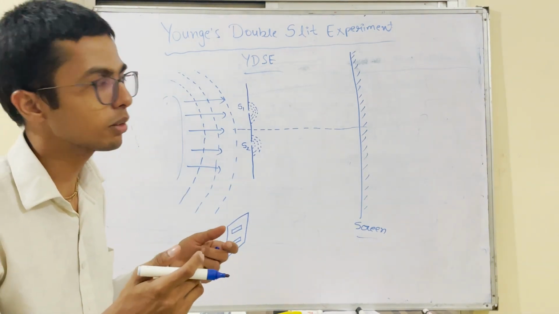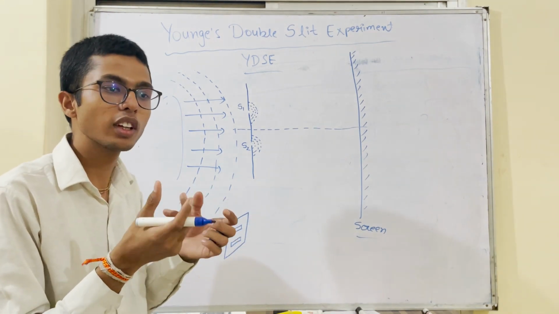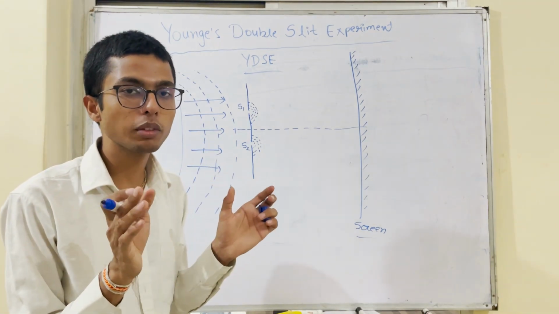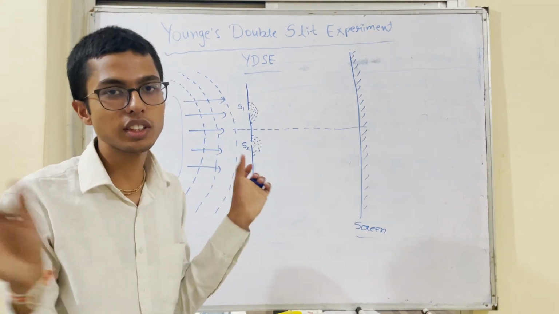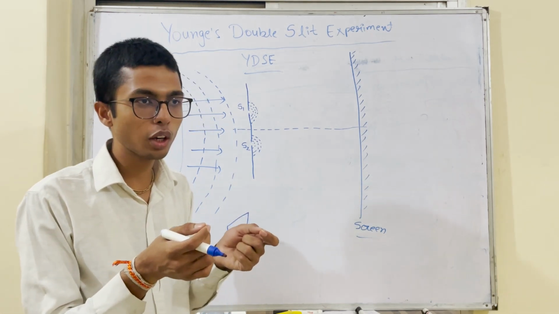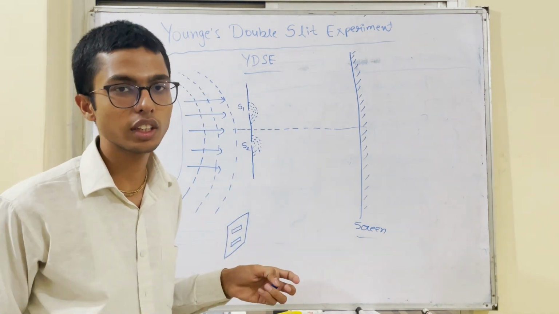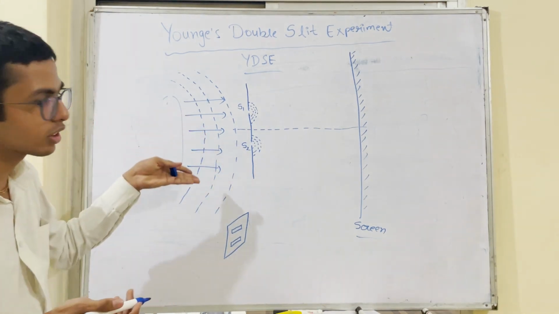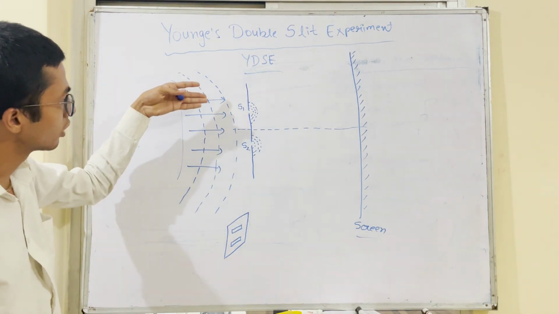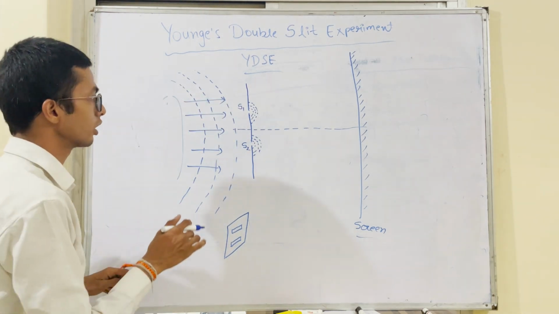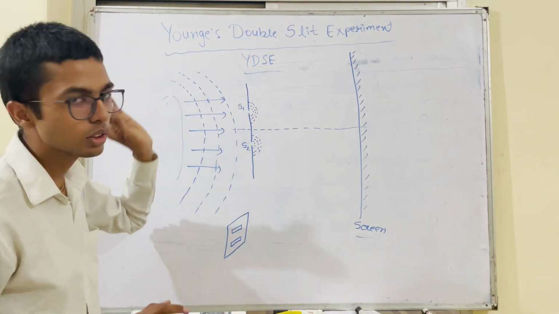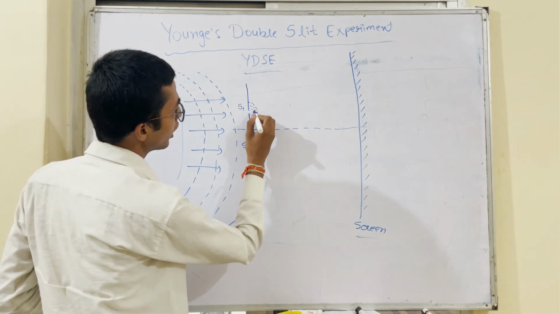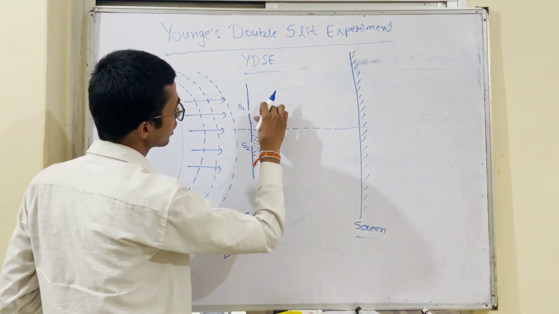Even if the same company makes two bulbs, there can be some differences between them, because they cannot make everything exactly the same. Frequency can be different. So we take only one light source so that the frequency will be the same. So these two small openings will now act as coherent sources, correct? So from here we can erase these wavefronts.